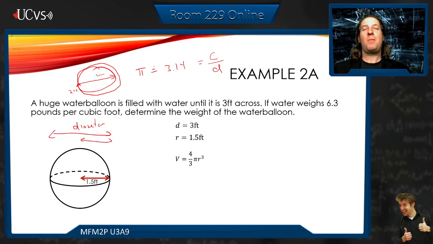A circle is defined by the fact that if you walk around it, it's always a little bit more than 3 times more to walk around it than to walk across it. That's what pi is. 3.14 is how much farther it is to walk around a circle than across a circle. That's what pi means, okay?